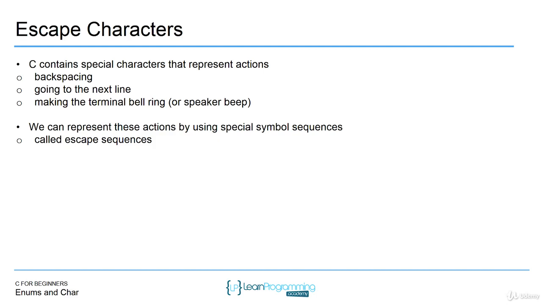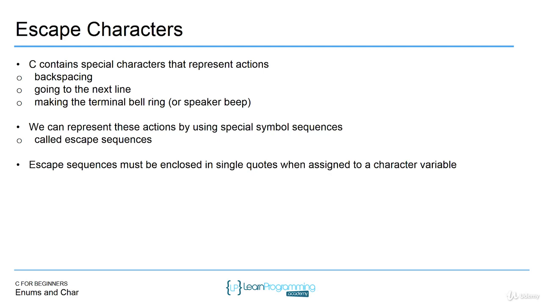And you can represent these actions by using basically an awkward symbol, like a character inside single quotes. And I'm going to give you some examples. These are also called escape sequences. These are special characters that represent actions. So escape sequences are also enclosed in single quotes when they're assigned to a character variable. You'll often see these escape sequences inside of strings as well to represent an action.